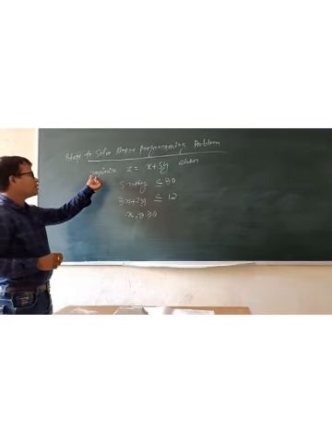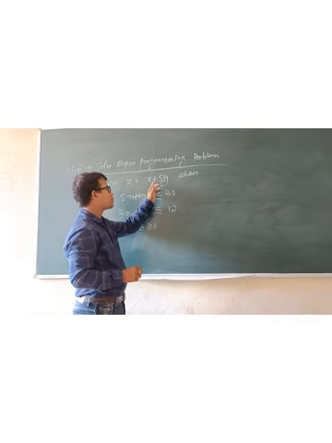So the question is maximize z equals x plus 5y.